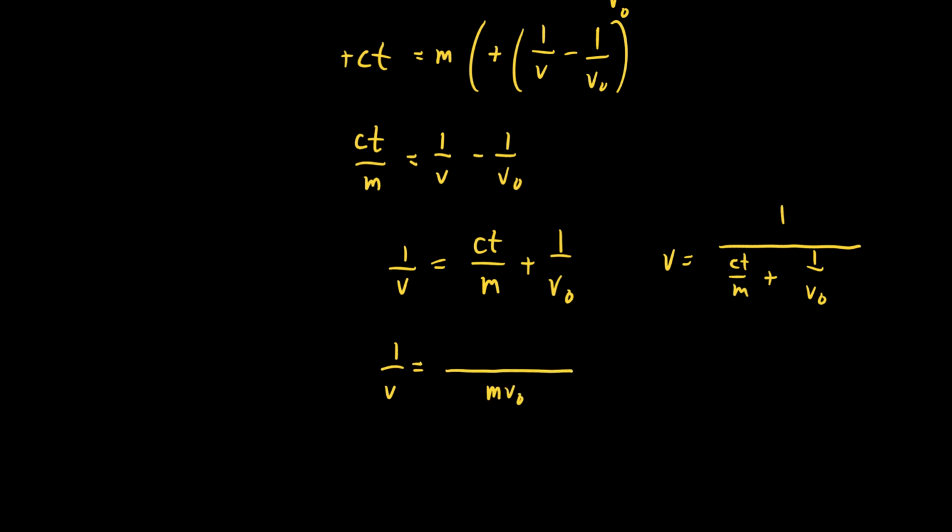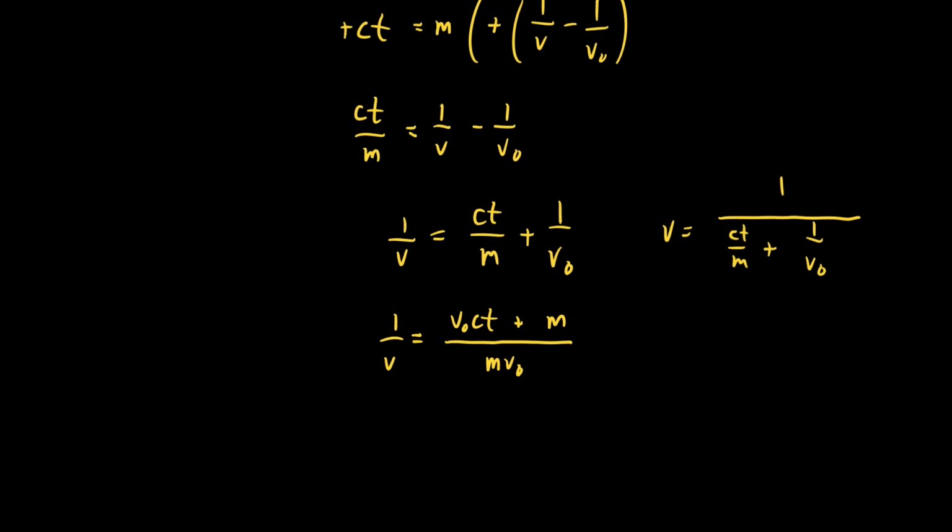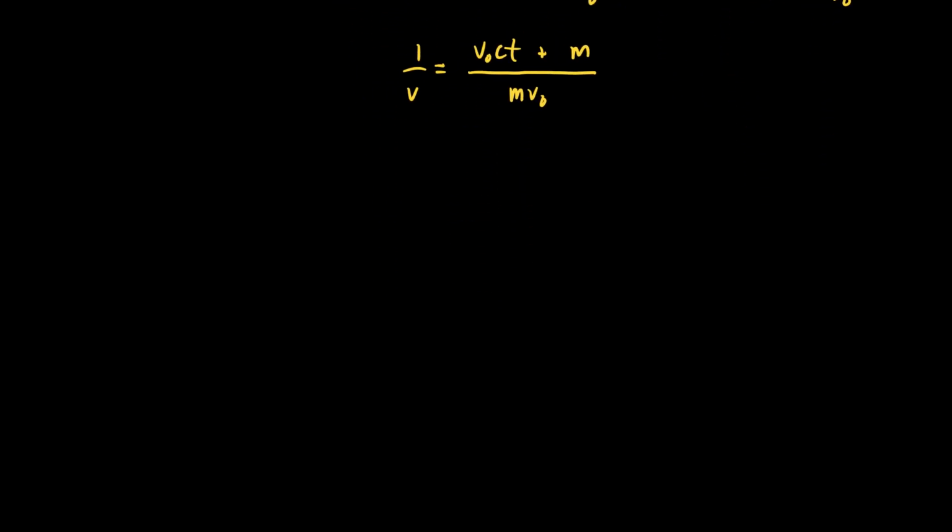And I'll have v naught ct plus m. Okay, common denominators. Any questions about that? Now when you invert both sides, the functional dependence is so much easier to see.